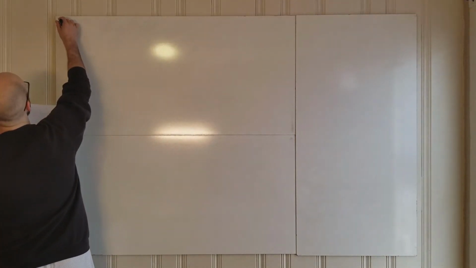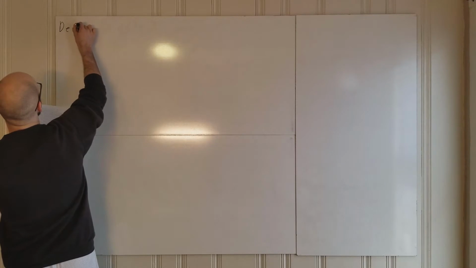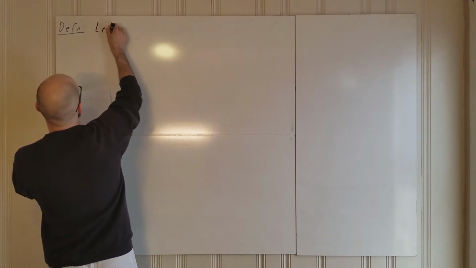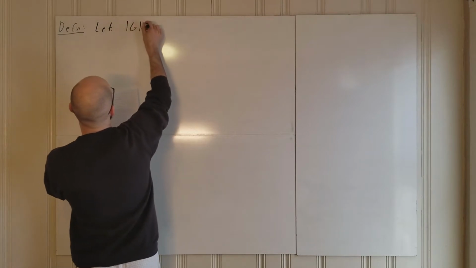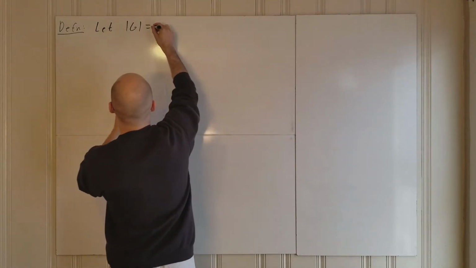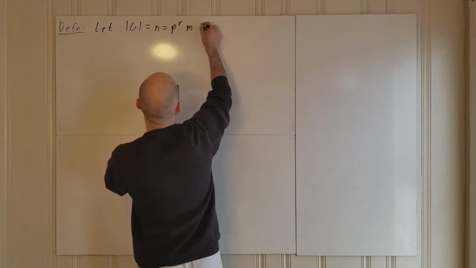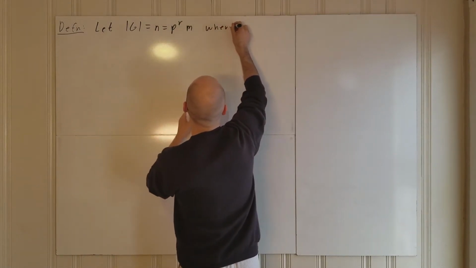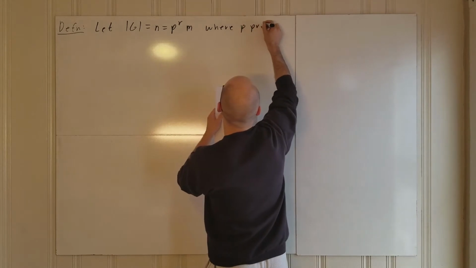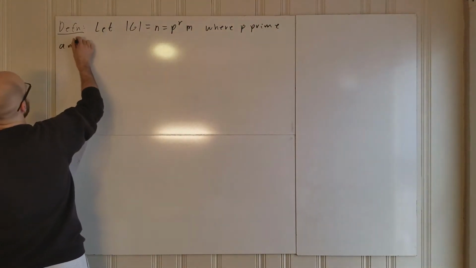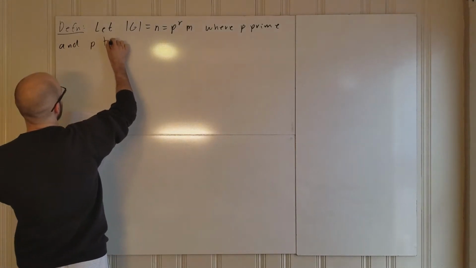So, definition. Let the order of G, where G is a group, be n, which is p to the r m, where p is prime and p does not divide m.